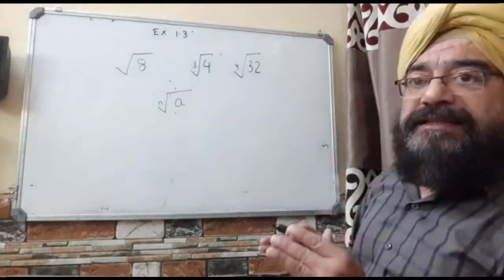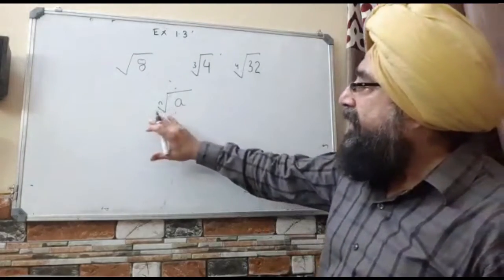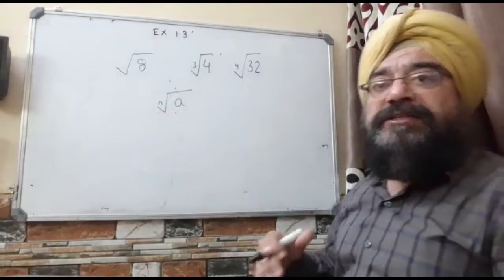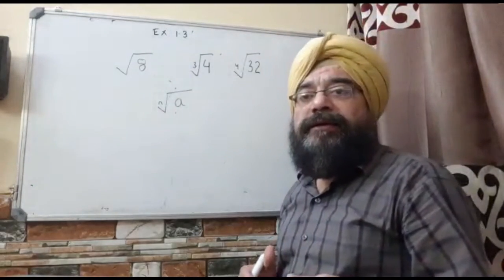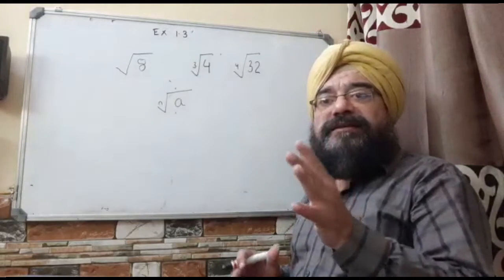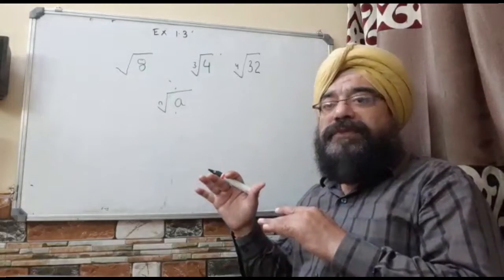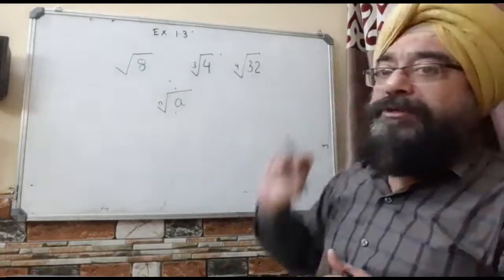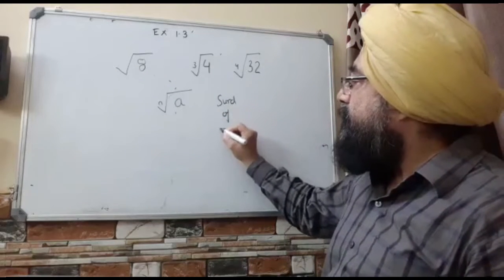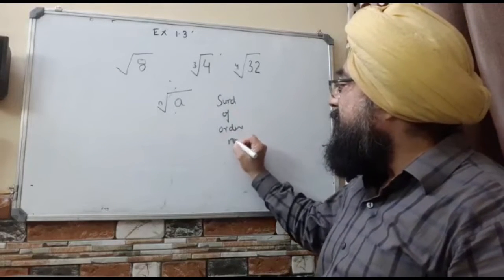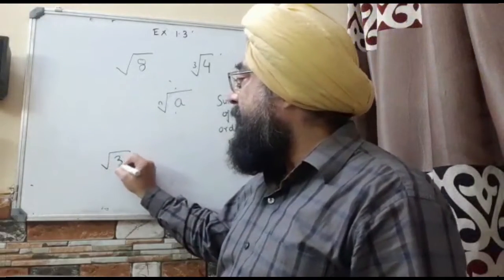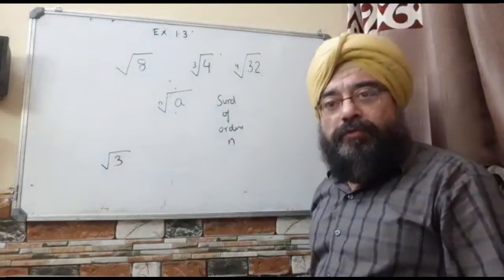If a cannot be expressed as any factor raised to the power n, that is, the root cannot be removed, then such a number is called a surd. This is called a surd of order n. And therefore from there you could make out that under root 3 is a surd of order 2.